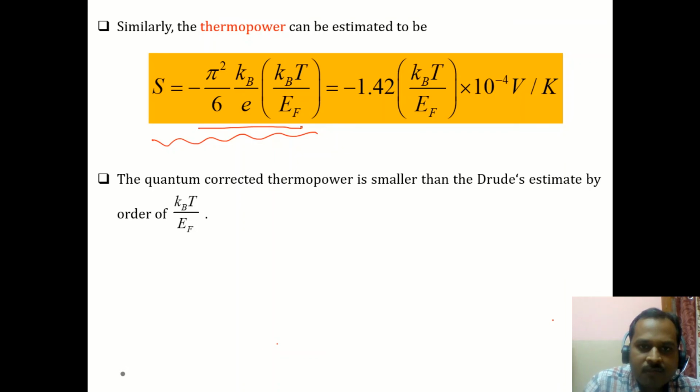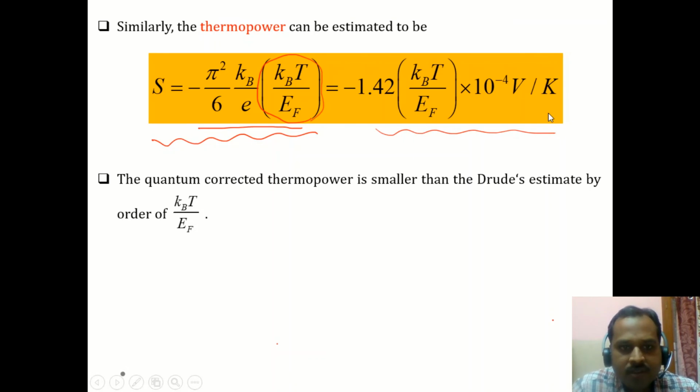This is the new factor, and what is more interesting here is this kBT by EF term. Earlier it was simply minus kB by 2e. There was no temperature dependence. Now we are having the temperature dependence, and the relation becomes minus 1.42 kBT by EF times 10 to the power minus 4 volt per Kelvin, which is much more in accordance with the experimental observations.